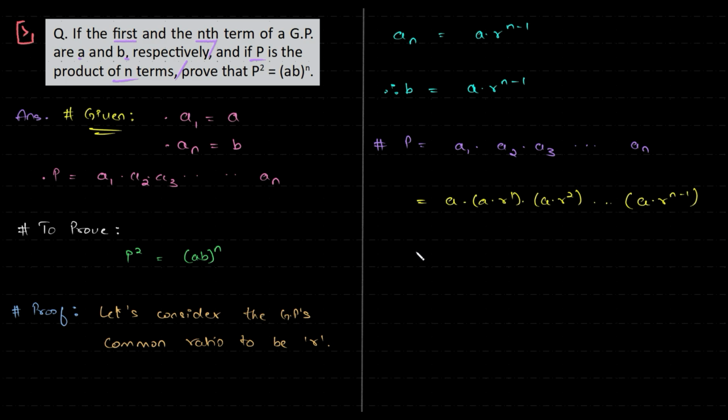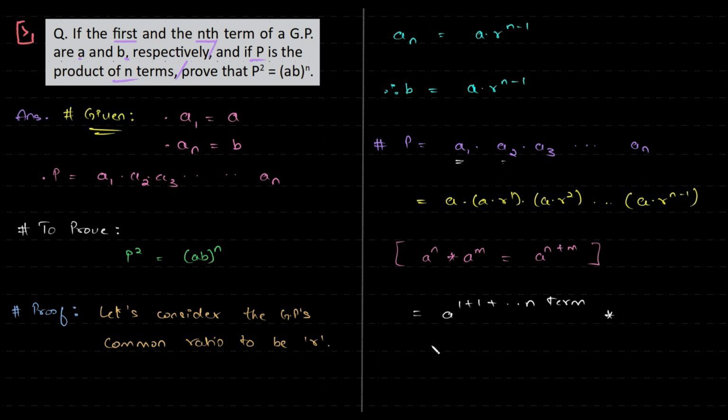Now it is clear that we have an exponential aspect, so we have to make use of the formula a to the power of n into a to the power of m is a to the power of n plus m. Since everything is getting multiplied, we have a to the power of 1 plus 1 plus n terms, because there are n terms.